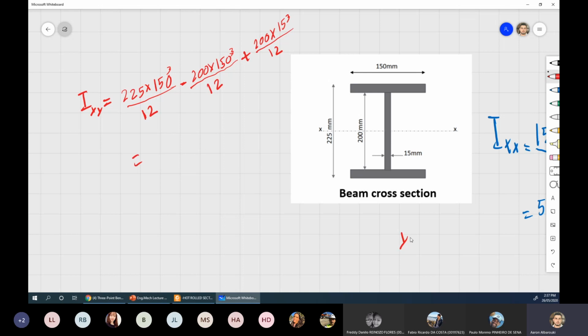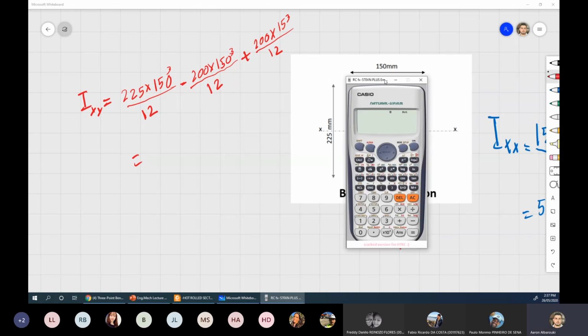If I calculate this, 225 multiplied by 150 cubed divided by 12, minus 200 by 150 cubed over 12, plus 200 by 15 cubed over 12.